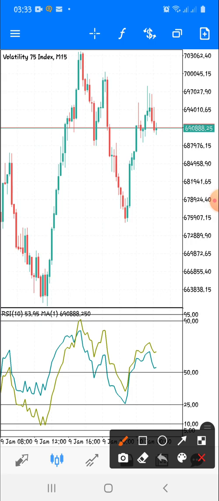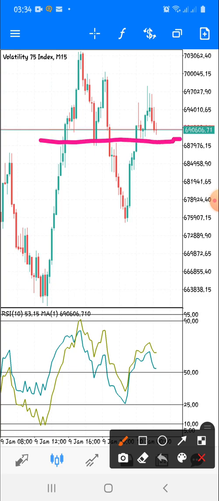For instance, the location of the market right now is on no man's land. No man's land meaning it's not eligible for any action, but with my knowledge, I can see the market is at the support zone, support level. So if it breaks, it will be a good sell.